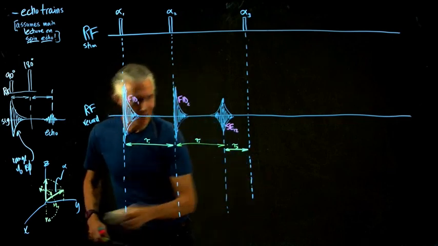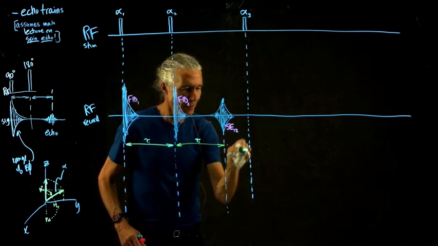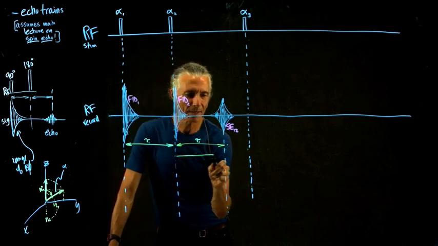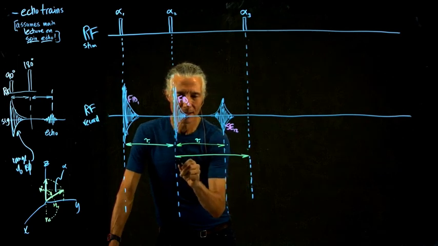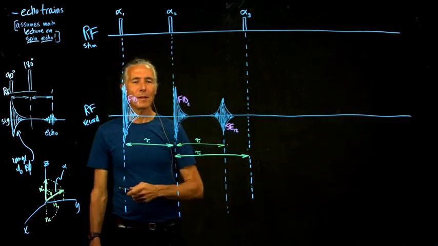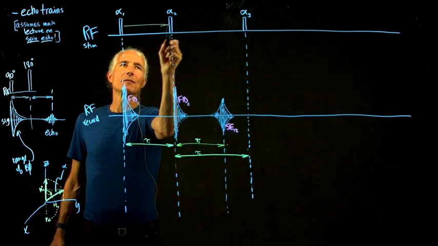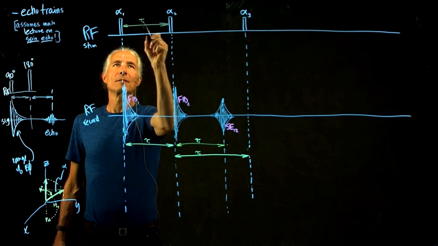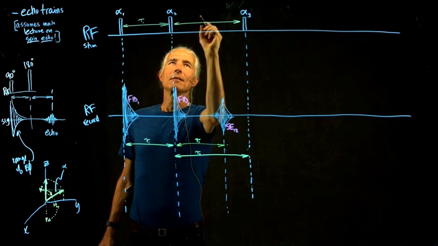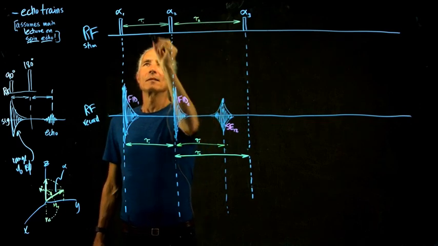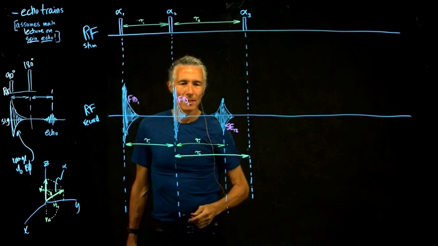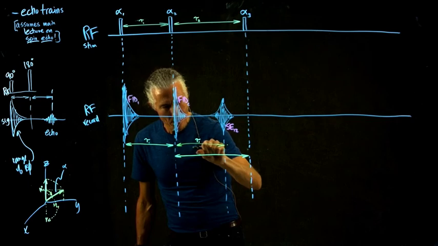Let me get rid of this and put tau 2 in first, because it makes a little more logical sense. So this time is tau 2. Basically, I can put them up here too. Here's the time between the first and the second, and this one is the time between the second and the third. So tau 1, tau 2. Here's tau 2 down here.